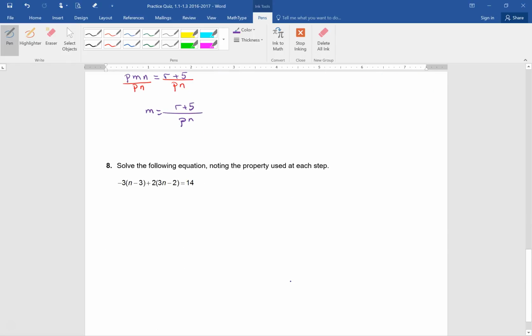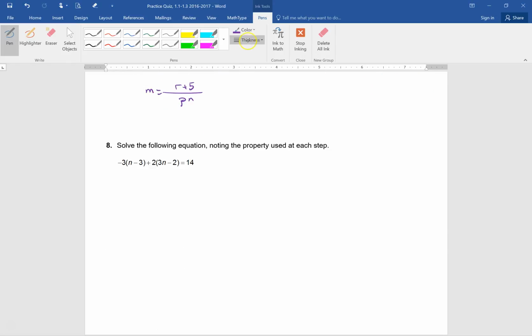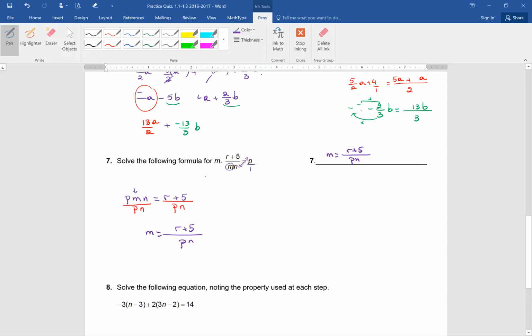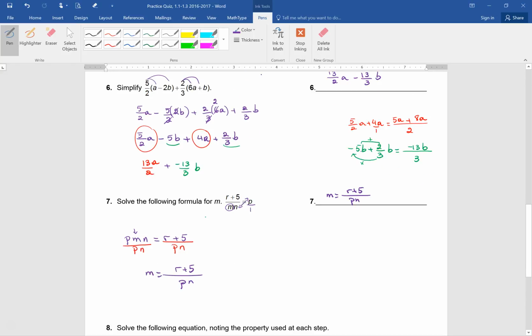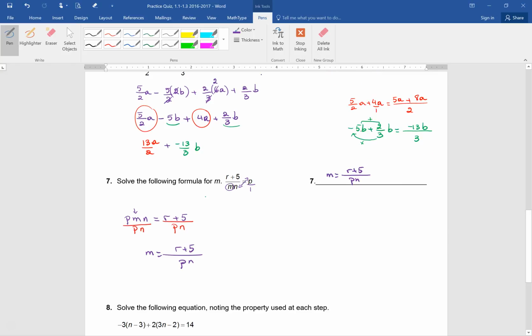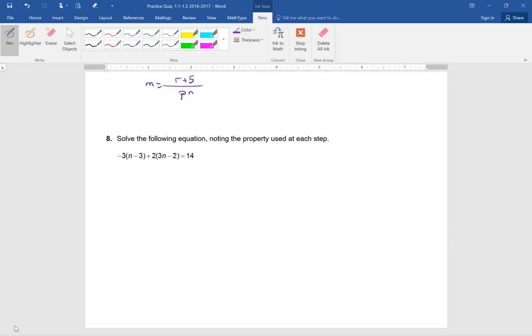Okay, so here we have to solve and note the property at each step. I'm going to put this on haiku as well, so if you want to. So for this one, number 8, I'm going to distribute and I'm going to distribute.